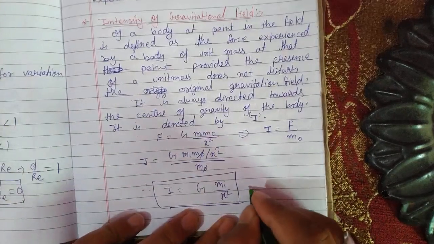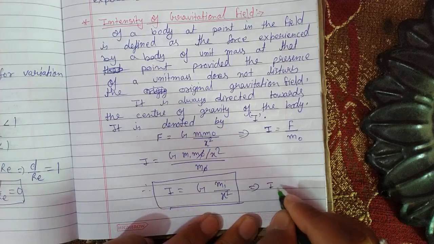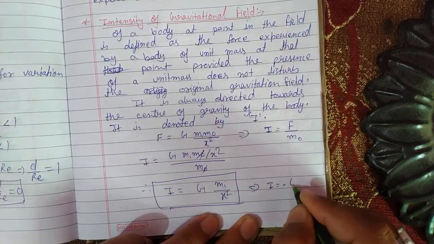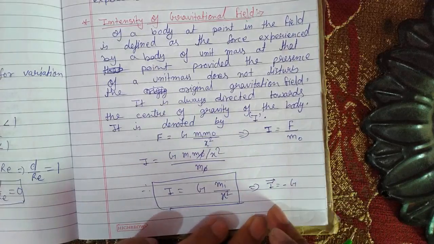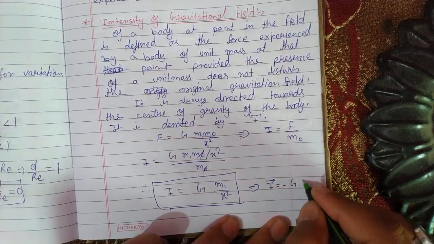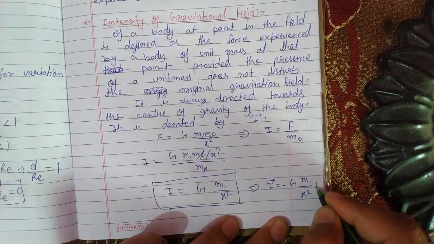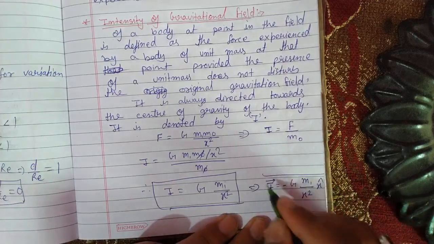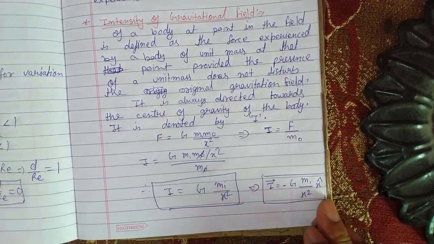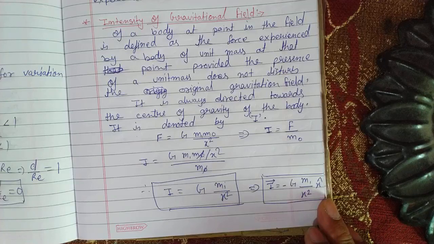Okay, this value is negative in vector form because intensity is a vector quantity. So it is G m1 upon x square times x cap, where x cap is the unit vector in the direction towards the center.